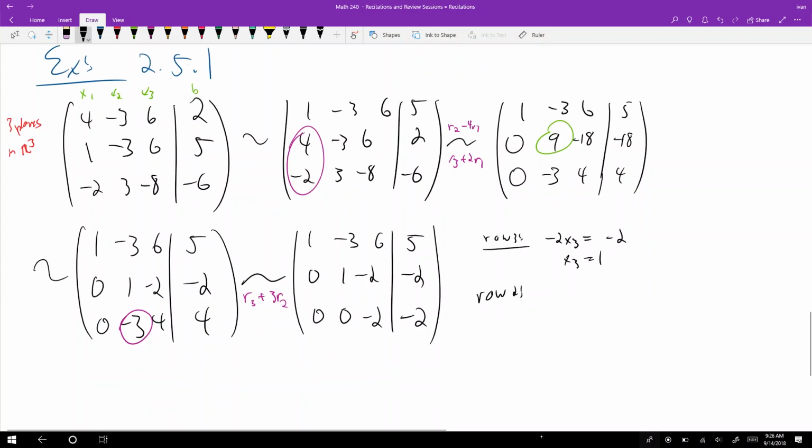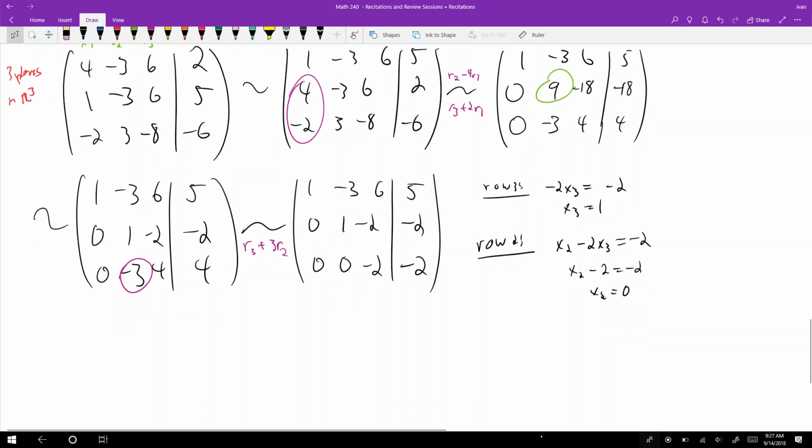From row 2, I'll get the equation x2 minus 2x3 is equal to negative 2. And we already know what x3 is, so this becomes x2 minus 2 is equal to negative 2. And so x2 is equal to 0.